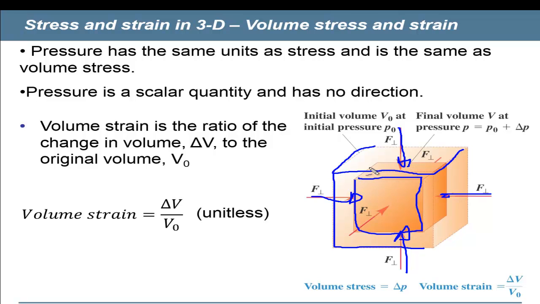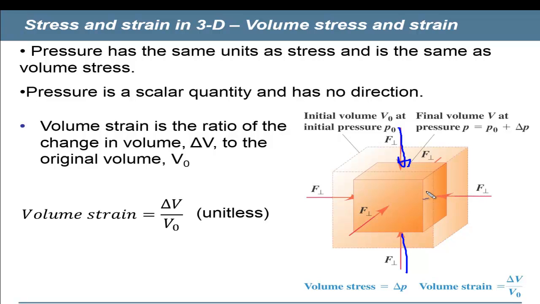The pressure compresses all the sides of it and makes it a smaller volume. So we have the volume stress is the pressure, or actually the volume stress is the change in pressure, and the volume strain then is the ratio of the change in volume to the original volume.